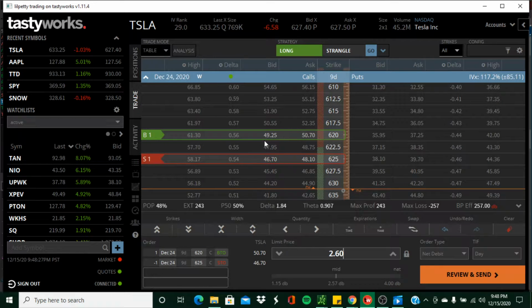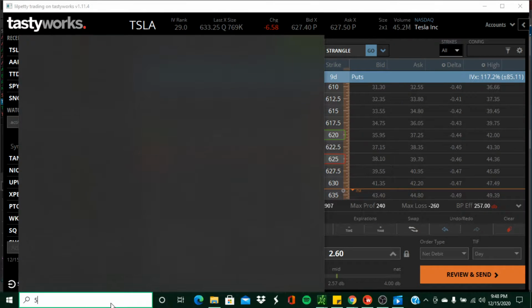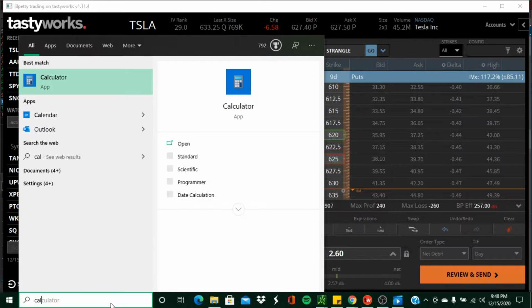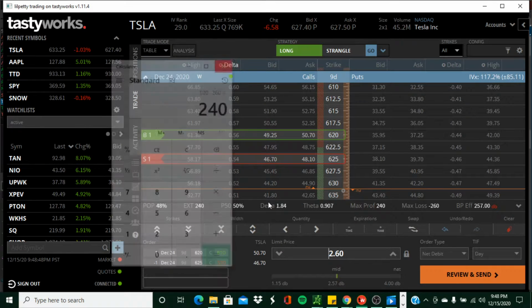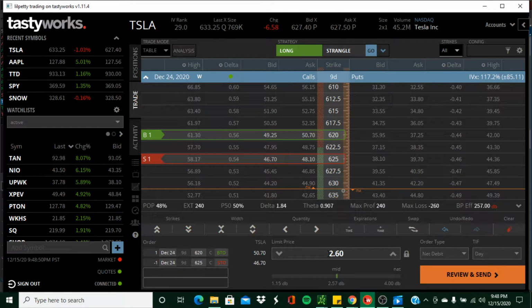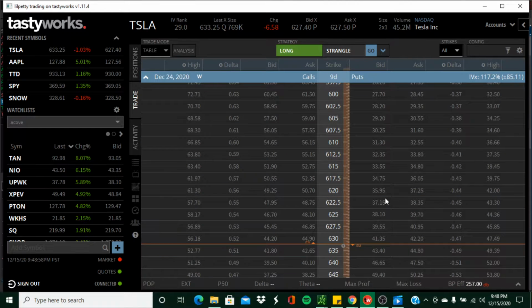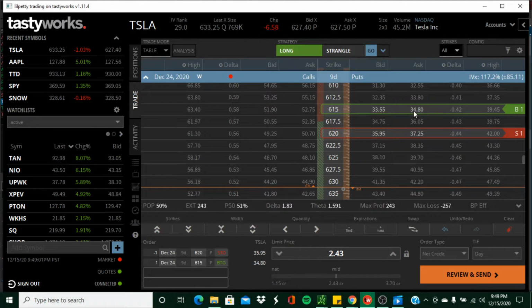And as long as Tesla stock doesn't drop below here, your max gain by the 9th would be 500 minus $260, so you would still walk away with this $240. And all that you needed in the account was $260 to buy this debit spread in the money. It'd be the same as basically selling a put credit spread outside of the money. So same flip. You're selling this, but actually you're going to buy it.